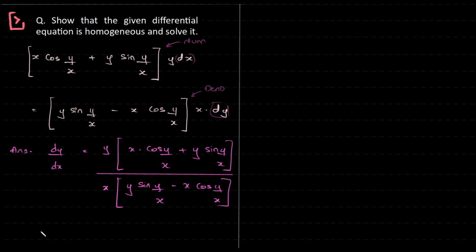Okay, so let me show this. So this would be y by x. So y into x divided by, I'm taking x common, so the x will get eliminated over here, while over here it would be y by x into sine of y by x.